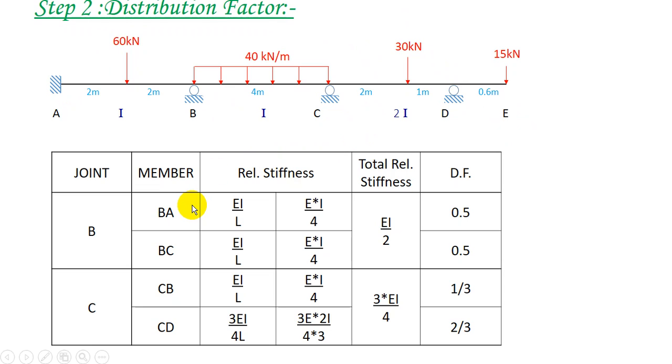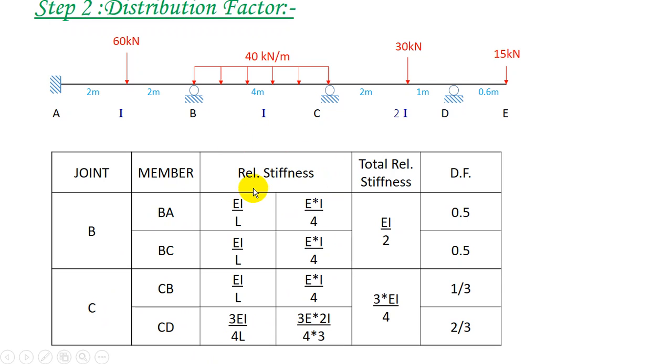Why are they called intermediate joints? Because they connect two or more members. The first column is joint, the second is the members that are connected by my joint B or, for that matter, joint C. B connects BA and BC, C connects CB and CD.